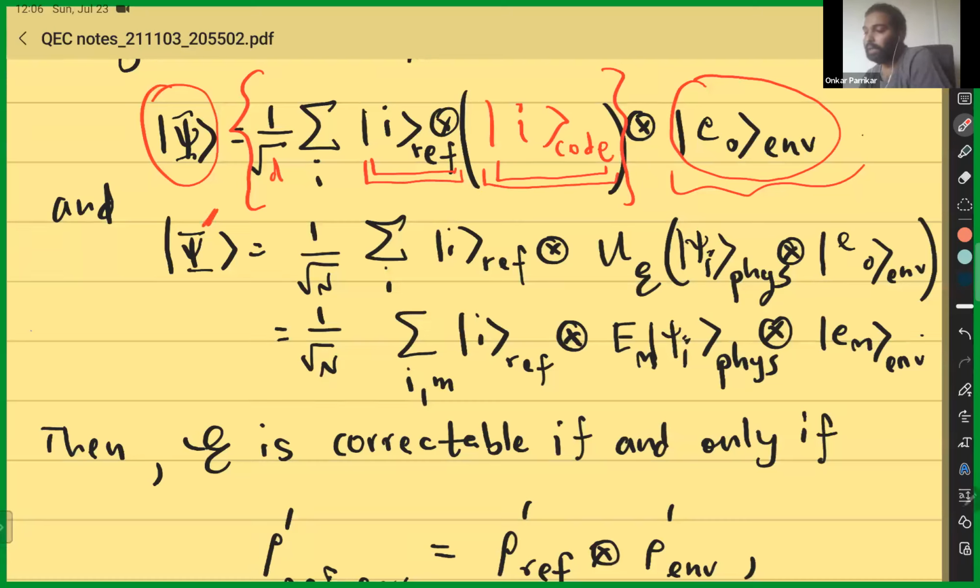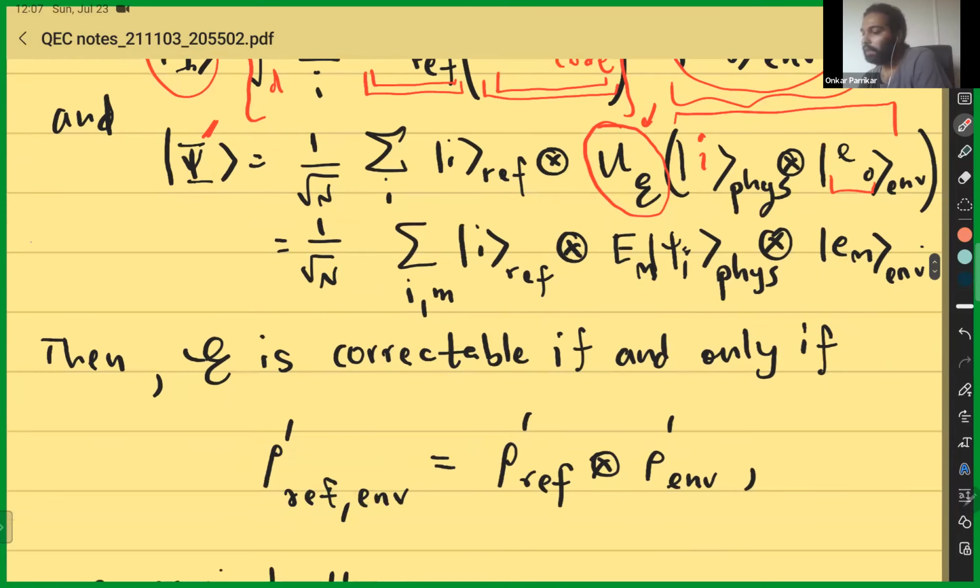Psi prime is the state where this joint unitary U has acted on the physical and the environment factors. Remember that the way this error channel acts is that you bring in the environment in some initial auxiliary state E naught, and then you couple the physical system to the environment by the action of this joint unitary transformation. So that's my new state psi prime.